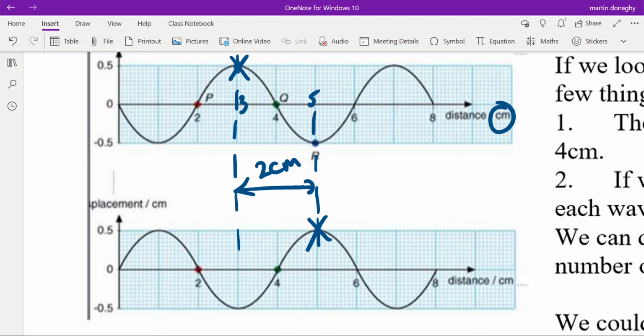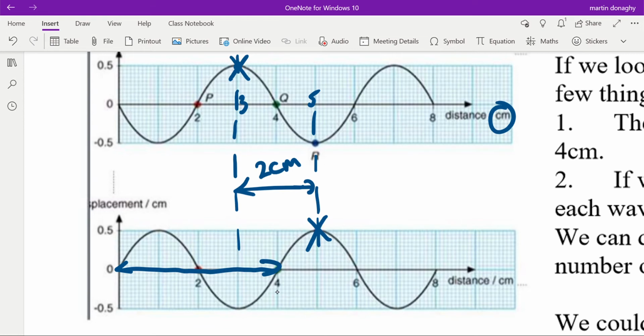But in fact, that's not very helpful. It doesn't tell us, as we're going to see in later units, how those two waves would interact. Saying it's 2 centimeters doesn't tell me that when this one has a crest, the second one has a trough. So the other piece of information I could include is, how much is a wavelength?